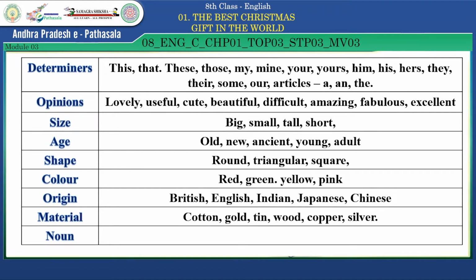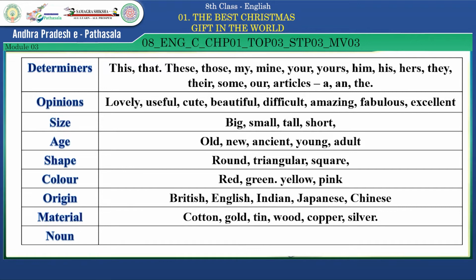Let us discuss what are these in detail. Determiners: this, that, these, those, my, mine, articles, etc. Opinions: lovely, useful, cute, beautiful, difficult, amazing, fabulous, excellent. Size: big, small, tall, short.